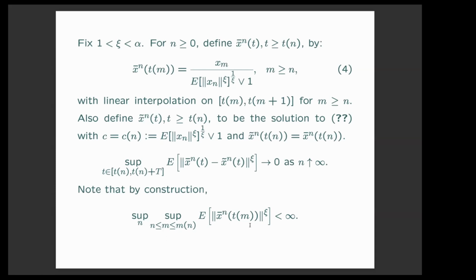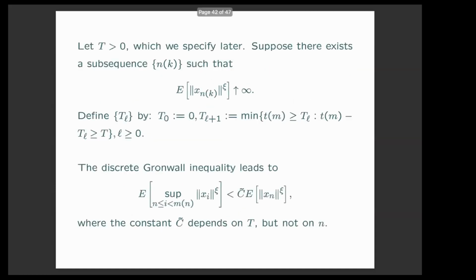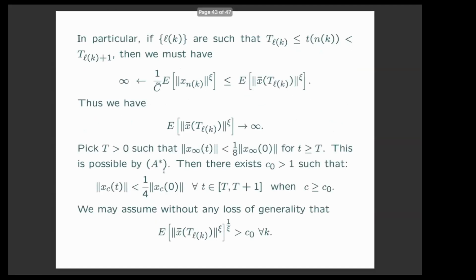By construction, this remains bounded because I have rescaled the initial condition to have norm one. Again, the same argument: suppose along some subsequence they were going up. Then by using the discrete Gronwall inequality the other way, basically if this goes up, it has to go up uniformly on that patch. It cannot just go up on the initial condition.